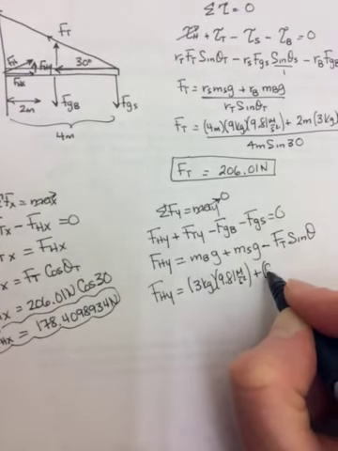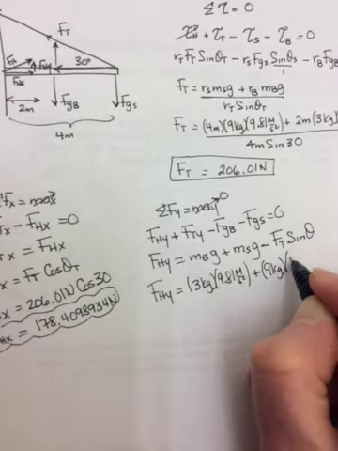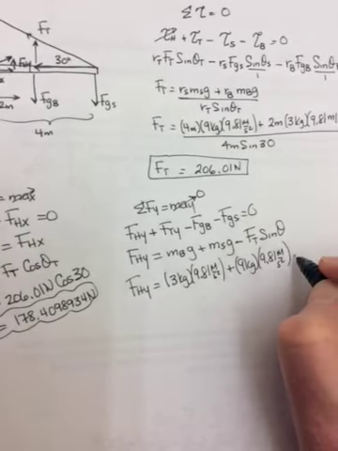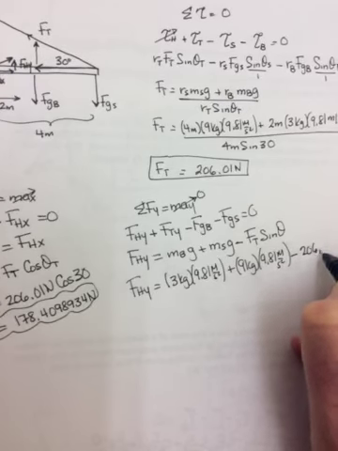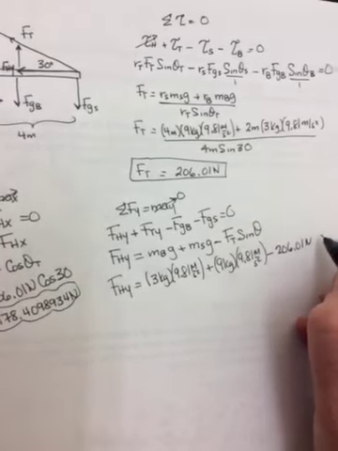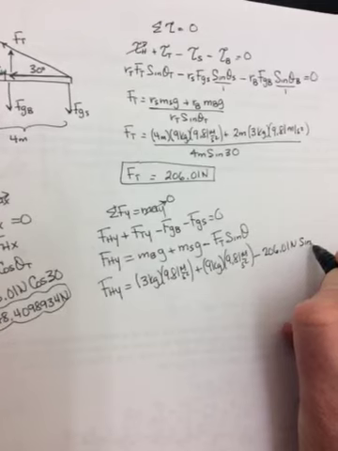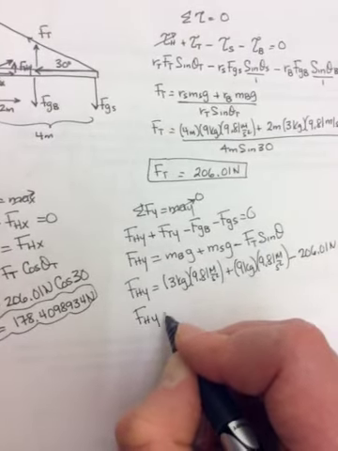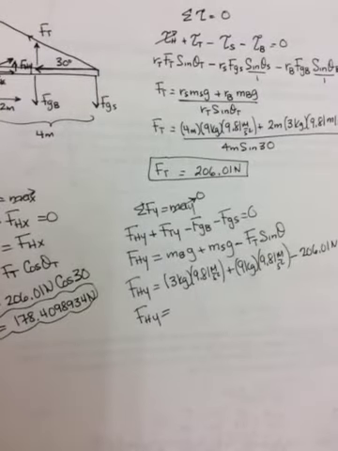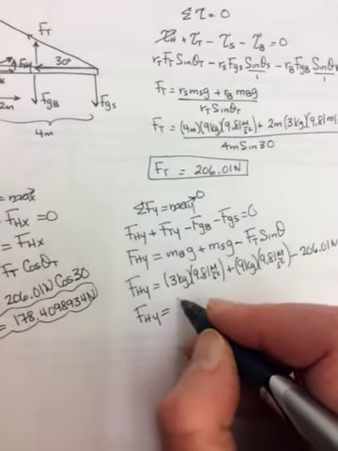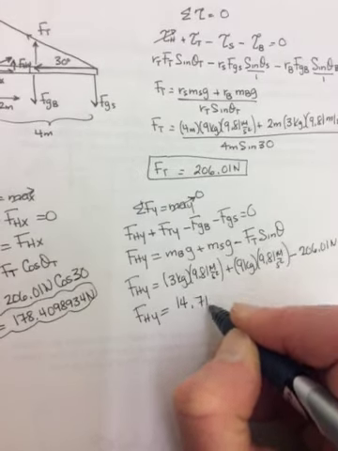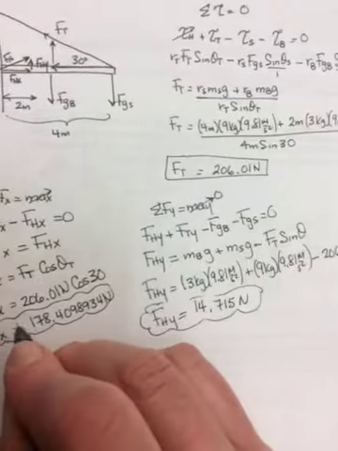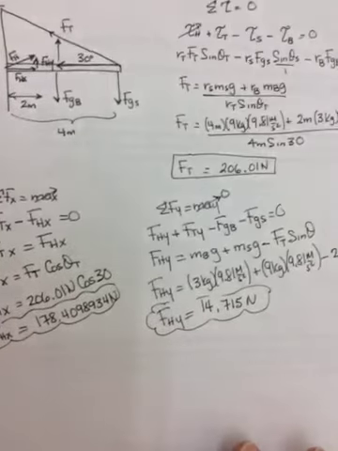M of the sign was 9 kilograms times 9.81 meters per second squared, and then it'll be minus 206.01 newtons sine of 30. And when you do this, it actually does work out to be positive, and it's fairly tiny. It's 14.715 newtons. So when I say fairly tiny, I mean in comparison to the Fx, which was 178.